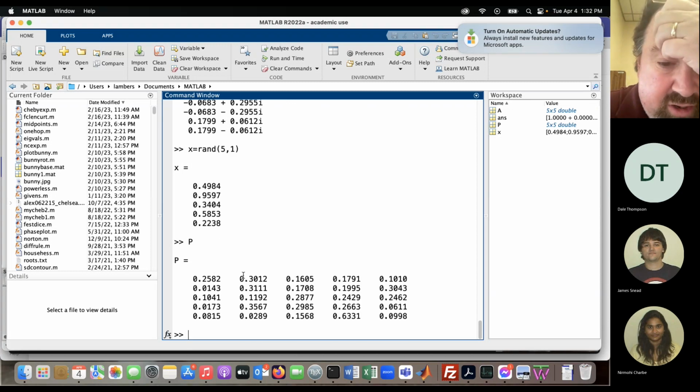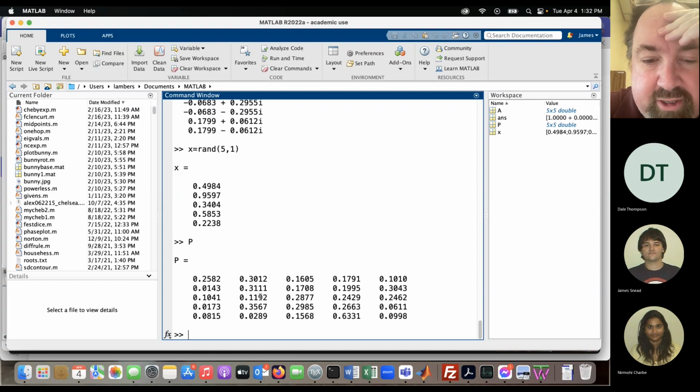Now, each entry here is a probability of going from state I to state J, or if you're thinking in terms of the World Wide Web, from page I to page J in just one link.